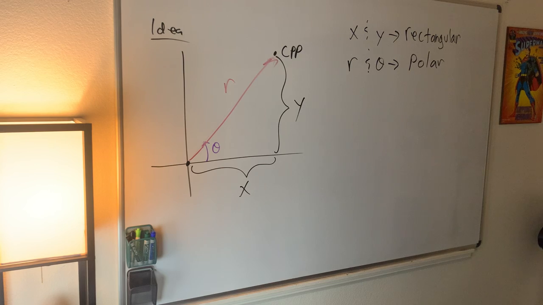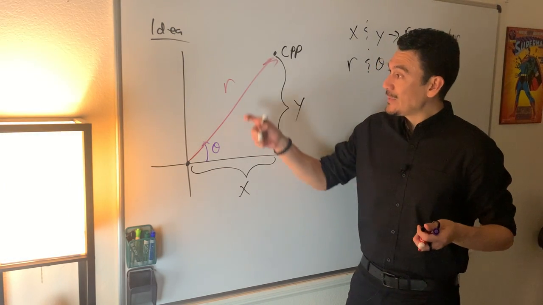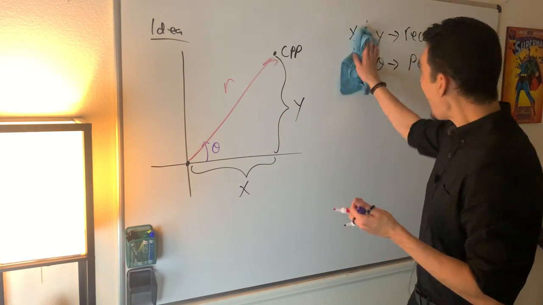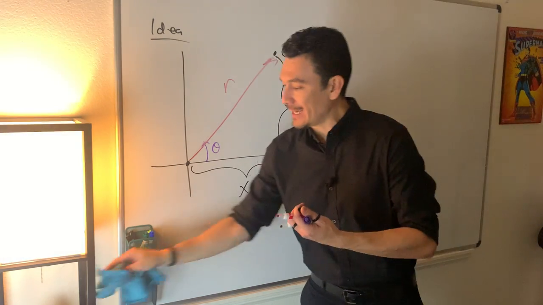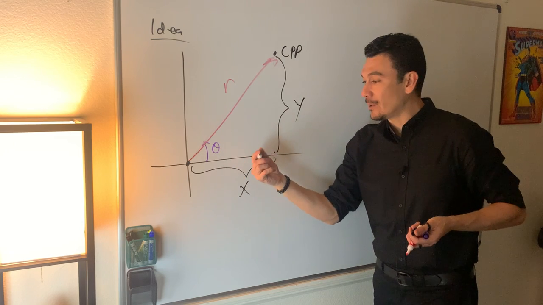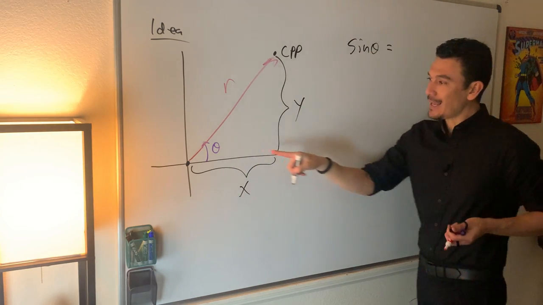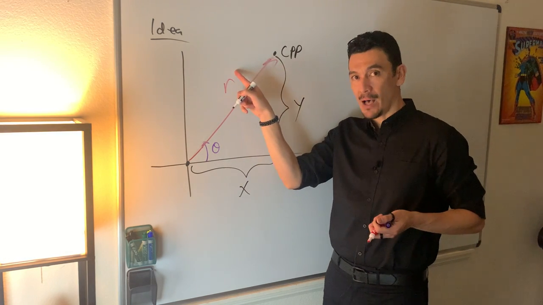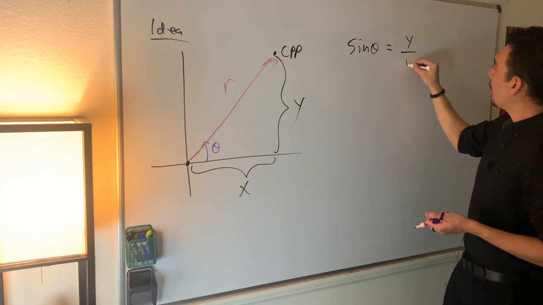Now I want to create some relationships between r, theta, x, and y. So let's remember sine, cosine, and tangent. What would be the sine of theta? Sine is opposite over hypotenuse, so sine of theta equals y over r.